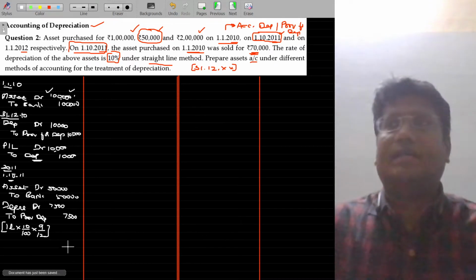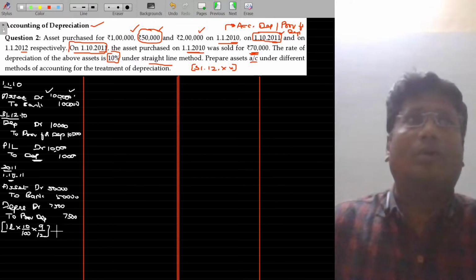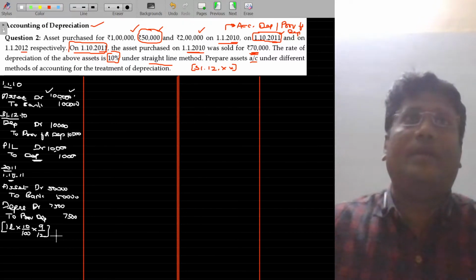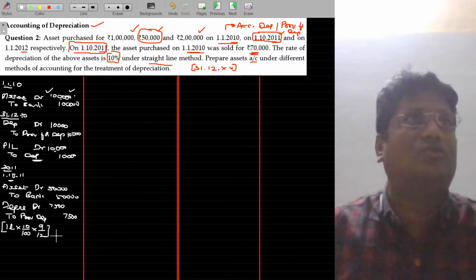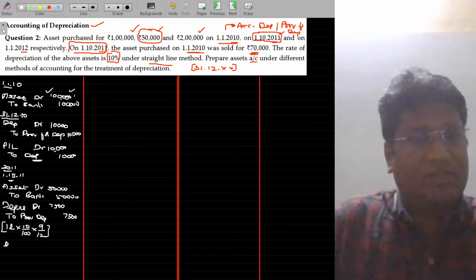Now we have to sell this asset. On sale, where the provision for depreciation model is adopted, the asset should be closed, and the provision for depreciation on the asset sold should also be closed, both. So here the entry is, I am getting the money on the date because of the sale, so debit the bank account.